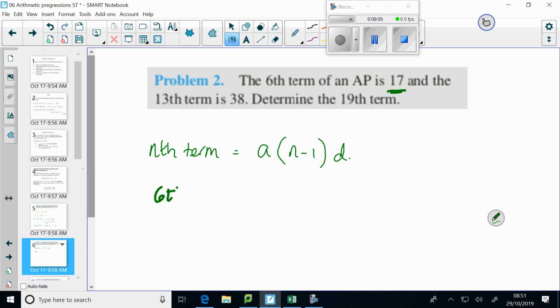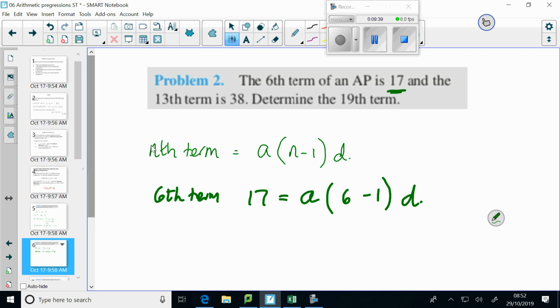So let's write 6th term here. For the 6th term, 17 is equal to, what's A? So all we can do is say it's equal to A plus, n in this case, 6 minus 1, and what's D? Yeah.